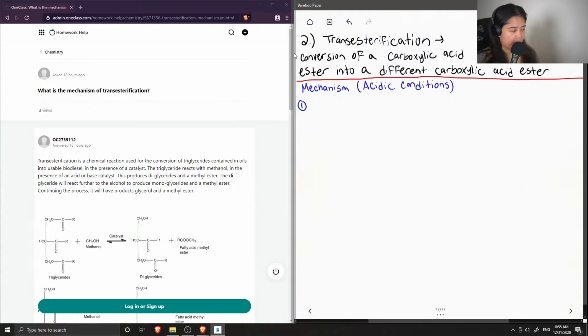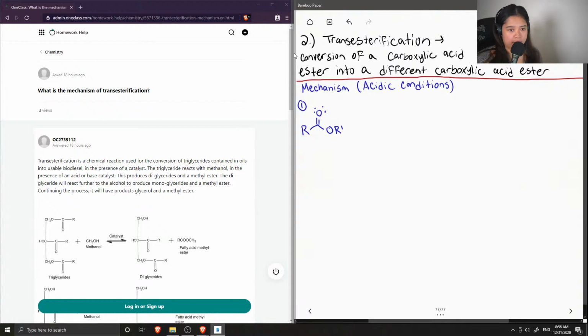Okay, so step 1, we have our ester, which pretty much looks like a carboxylic acid group, except instead of it being at the end, it has another side group attached to the oxygen instead of hydrogen. And it has a double bonded oxygen in the middle. So this is an example of an ester.